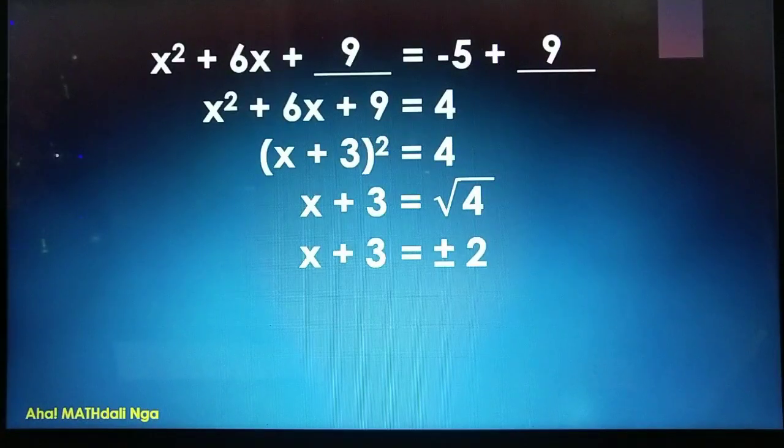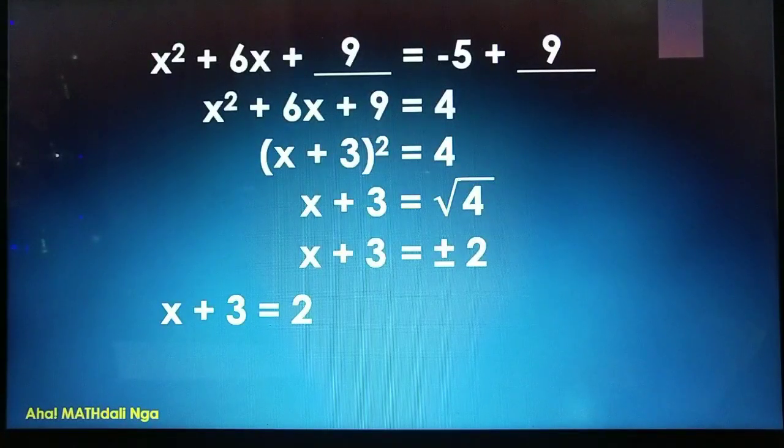With this, we can now find the solutions of the given equation. First, we will use positive 2. So we have x plus 3 equals positive 2. Let's continue. We will find now the value of x.